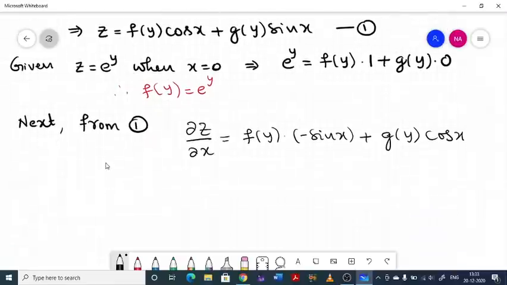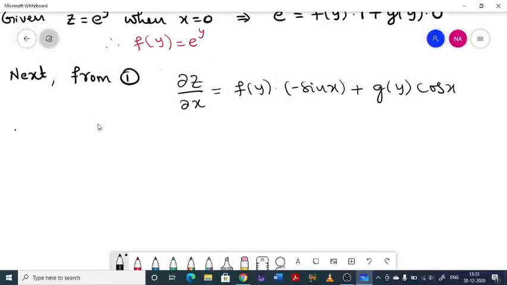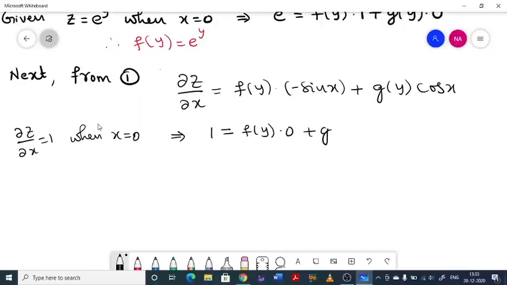Now use the condition dou z by dou x equal to 1 when x equal to 0, implies 1 equal to f of y into 0 plus g of y into 1. Therefore I'll get g of y equal to 1. So I got g of y is 1, f of y equal to e power y.